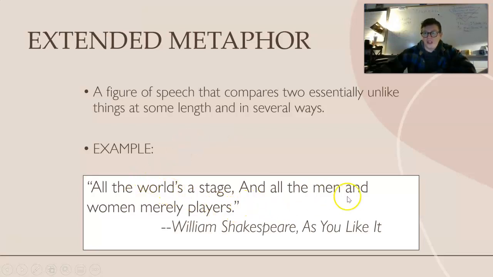"All the world's a stage, and all the men and women merely players." This goes on and on, talks about how life is like a play, and there's actors. There's a great reference to this in the poem "The Love Song of J. Alfred Prufrock," where the speaker is feeling so down on himself that he's like, all the world's a stage, and all the men and women are merely players.